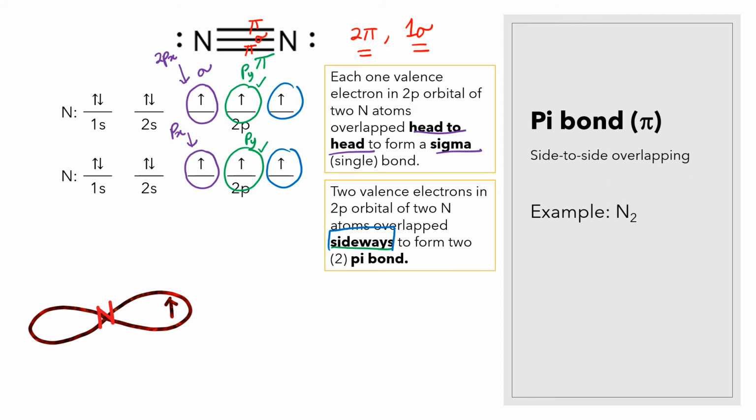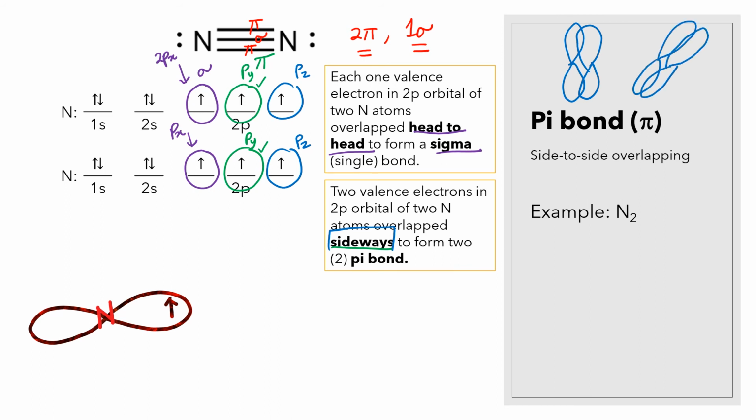Tapi now kita dah guna py dengan px. So tinggallah lagi pz. So orientation untuk orbital yang seterusnya adalah dalam orientation pz. Okay, so their overlapping must occur secara sideways as well. So again, let's recall, overlapping secara sideways boleh berlaku secara menegak dan juga mengufuk.